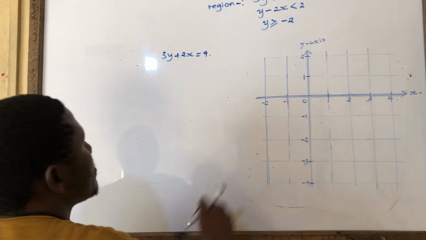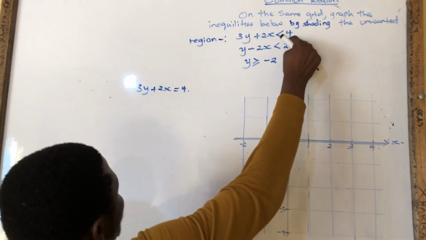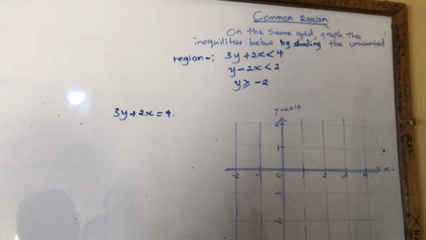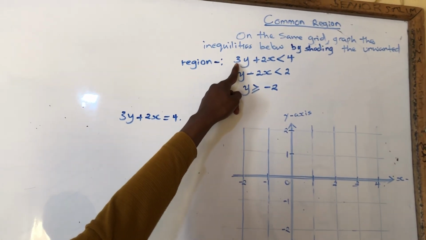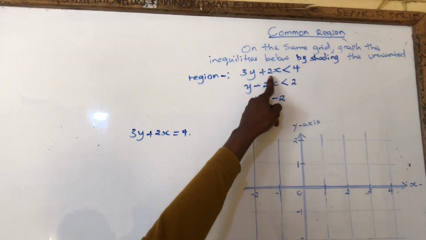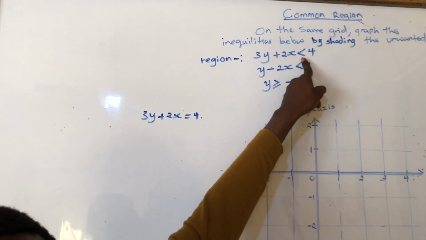Let's get started. I will start with the first inequality. What do we have in the first inequality? 3y plus 2x is less than 4.